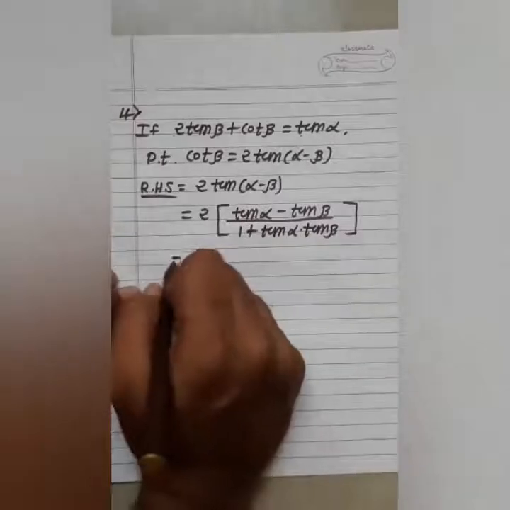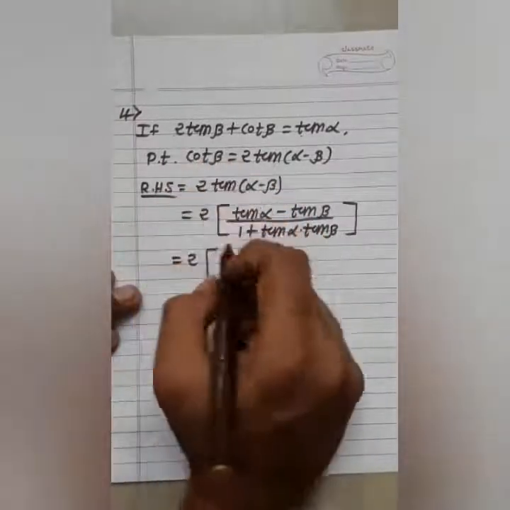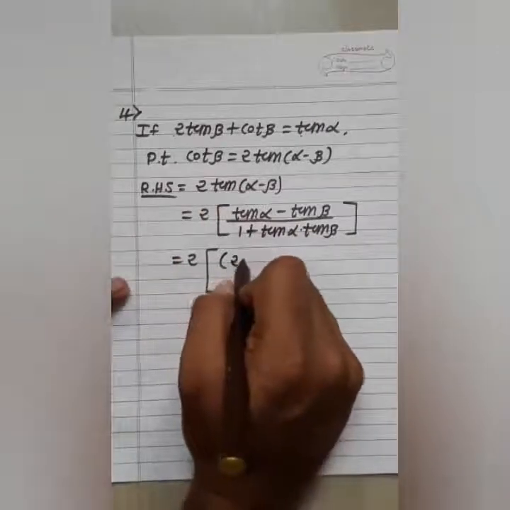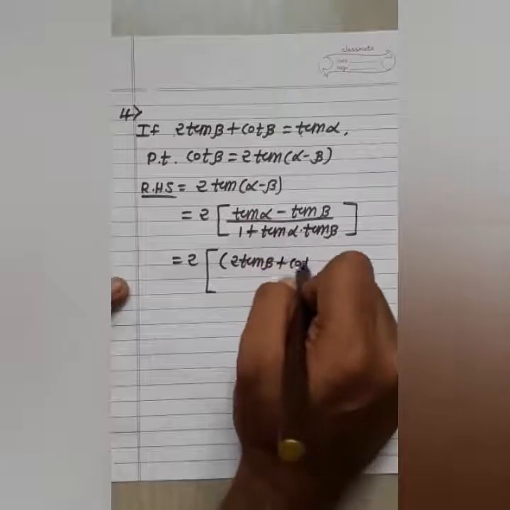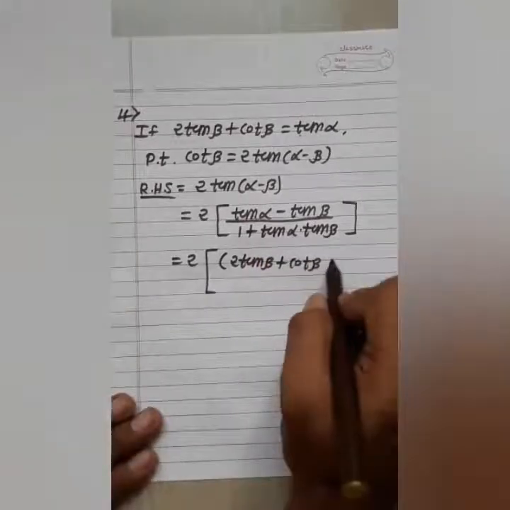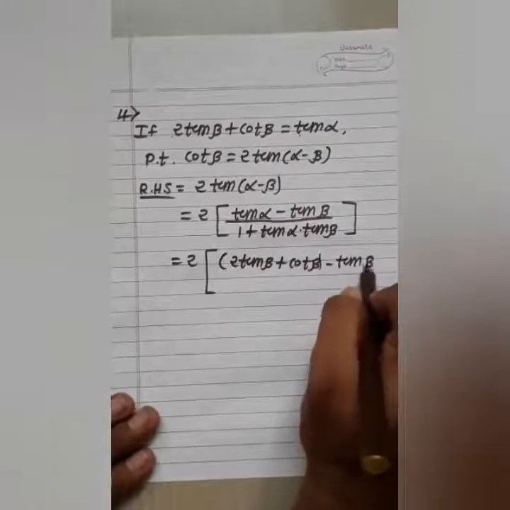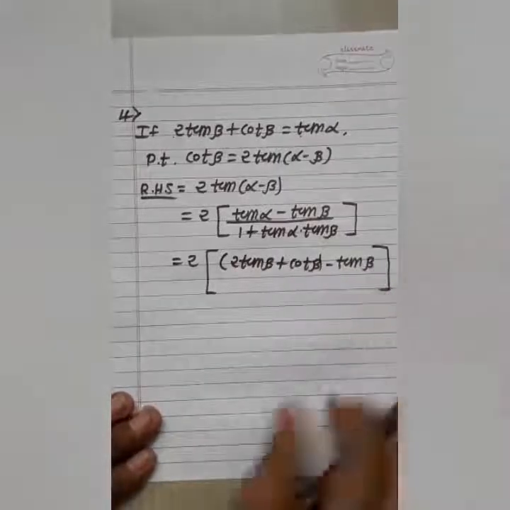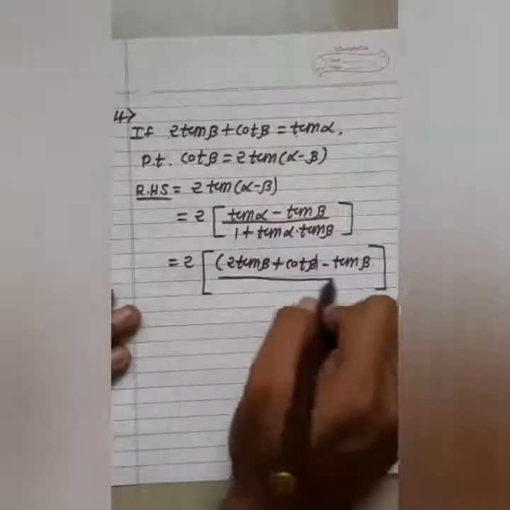So it is equal to 2 into bracket, in place of tan alpha write 2 tan beta plus cot beta, bracket over, minus tan beta. In the denominator term also substitute this value.